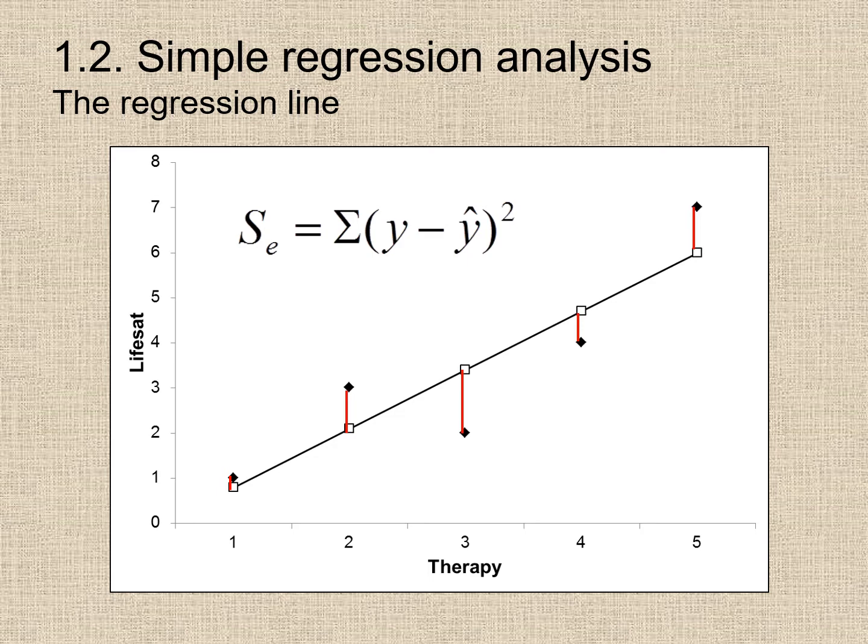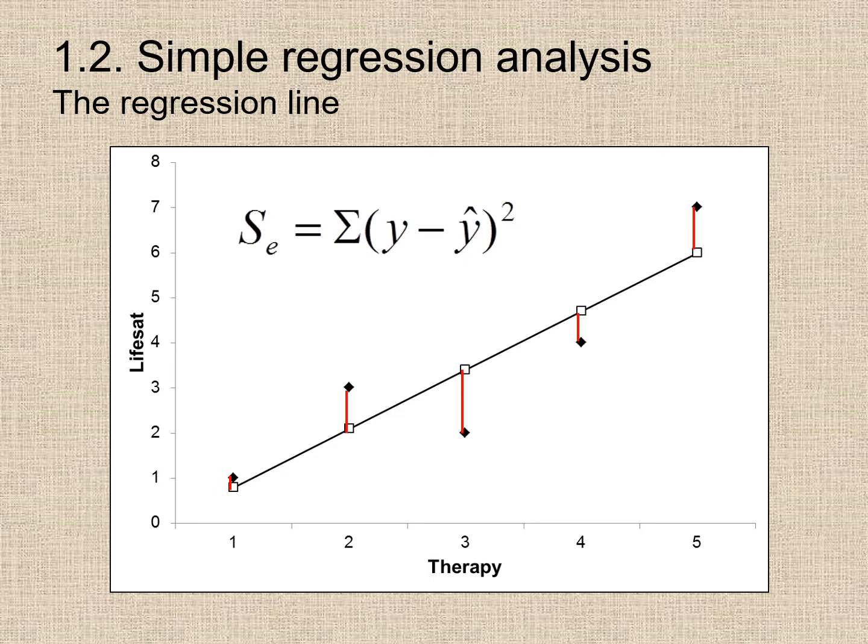So we take the difference between the actual, observed value and the predicted value. We square that, and then we take the sum over all individuals. Sum of squared residuals. So the regression line is placed in order to minimize the sum of those.